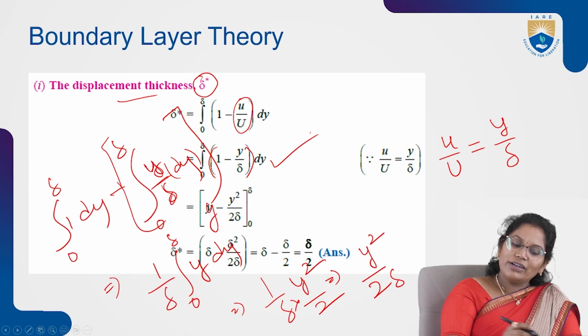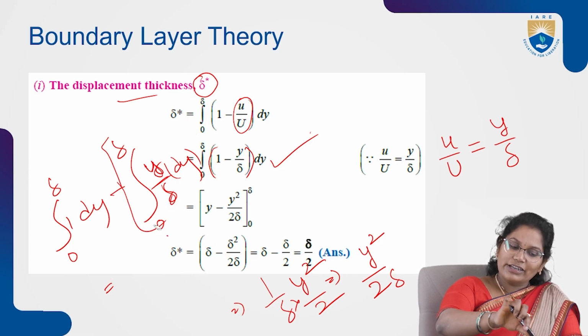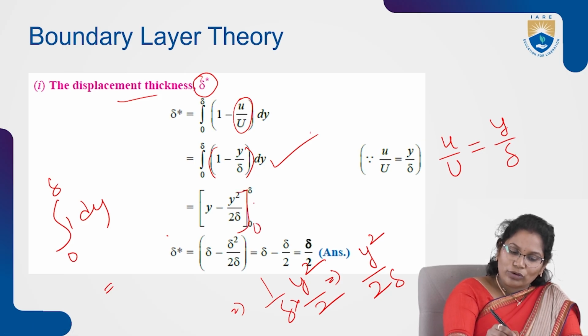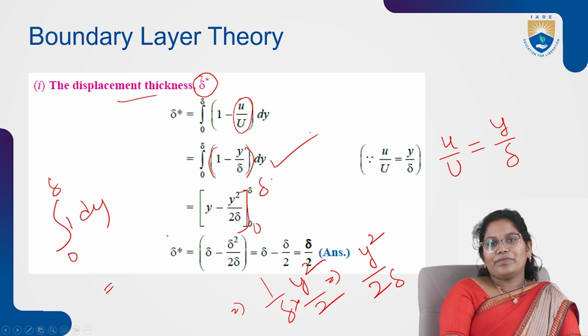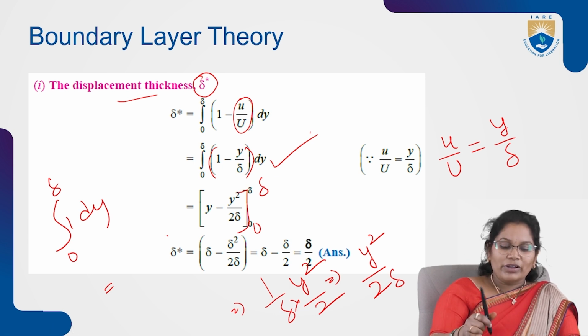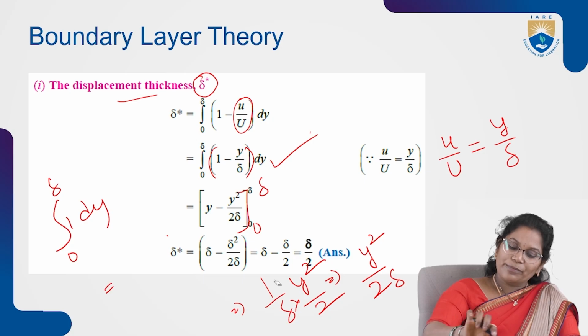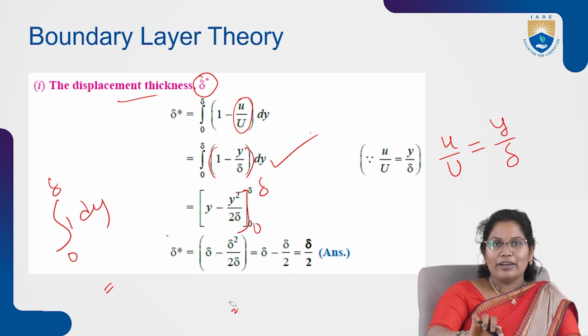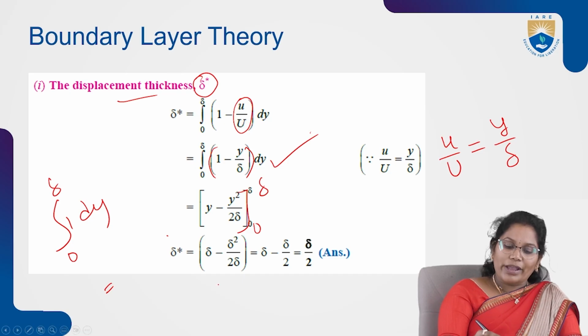That's what it is: y minus y square by 2 delta, limits are 0 to delta. Right? So now in place of y, we have to substitute both 0 as well as delta.